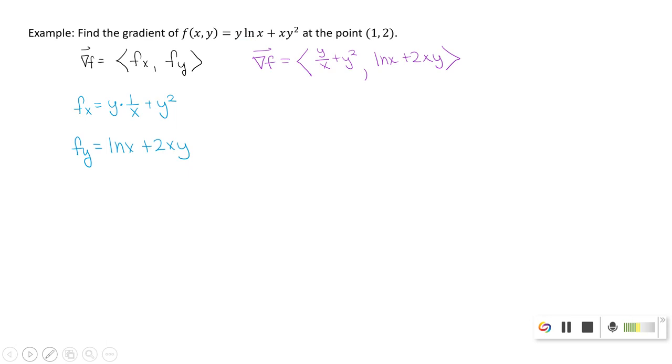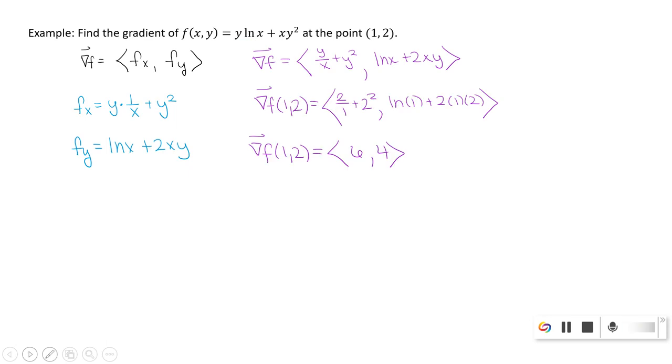So there's my gradient vector. Specifically, if I want to know what this vector is at the point (1, 2), I could just plug in 1 for x and 2 for y and then simplify. And so if I did all this arithmetic correctly, my gradient vector simplified down to the vector (6, 4).